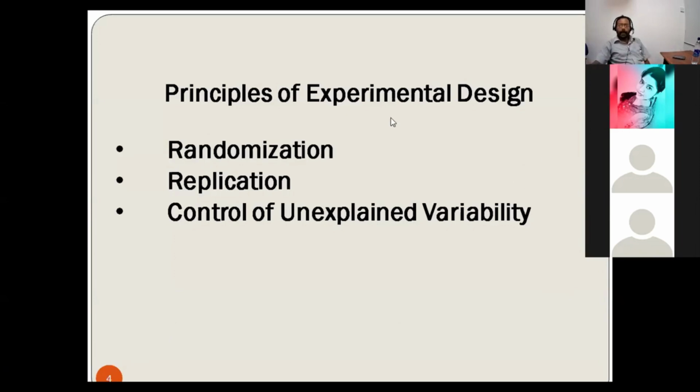When you talk about principles of experimental design, there are three principles that you should remember.